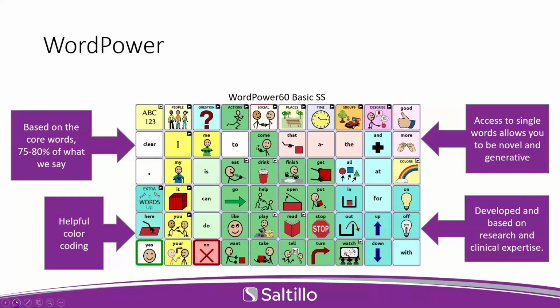Okay, so we know that core words make up 70 to 80% of what we say every day. WordPower includes color coding and access to single words, which allows for novel and generative speech.